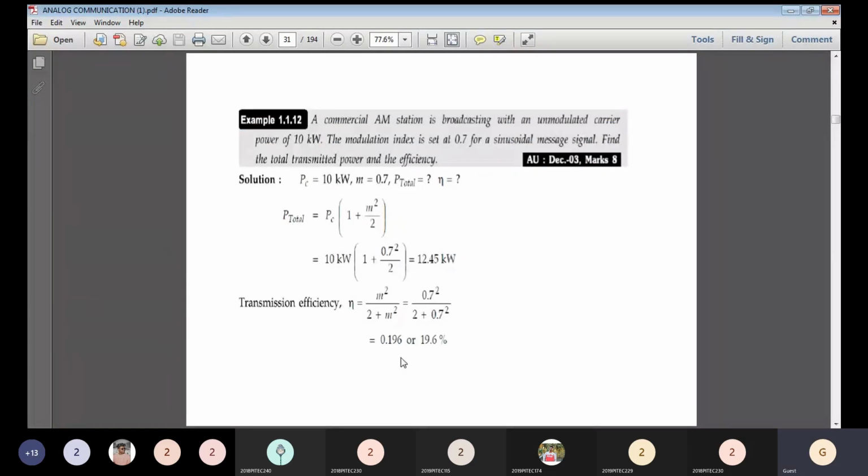In AM, three components are there. Two are required components and one is an unwanted component. The unwanted component utilizes 80% of the total power, and the required components utilize only 20% of the power. What is the solution for this? The next topic.